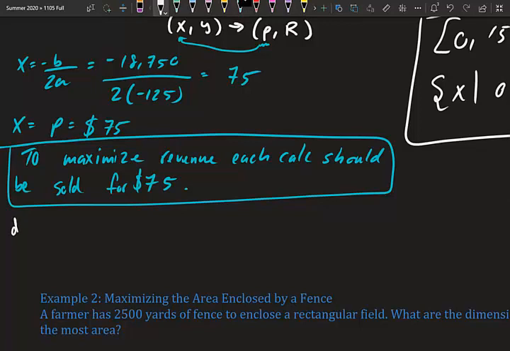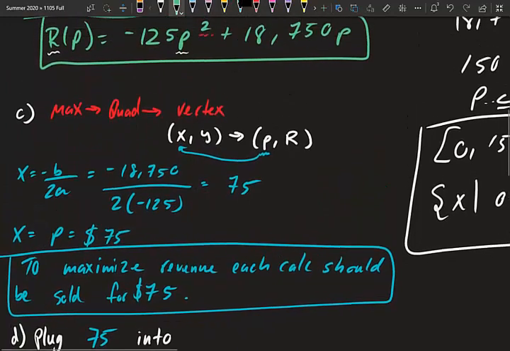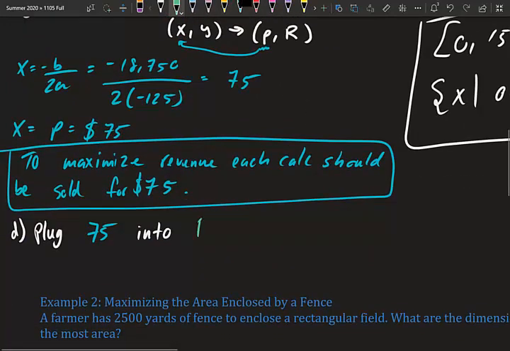Now we're going to plug it into the quadratic we just found in part A, which was the R of P. So let's go ahead and plug in P, because remember that represents price.